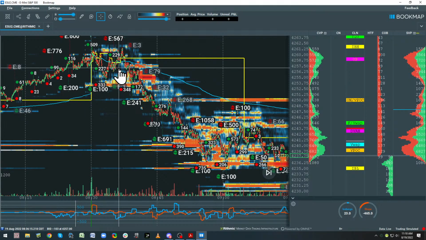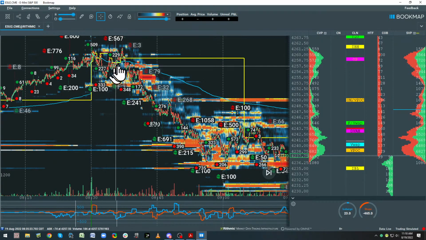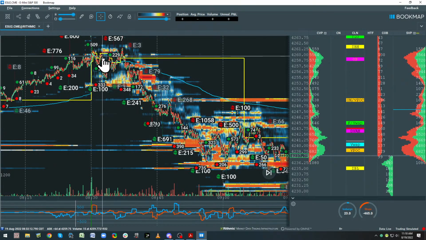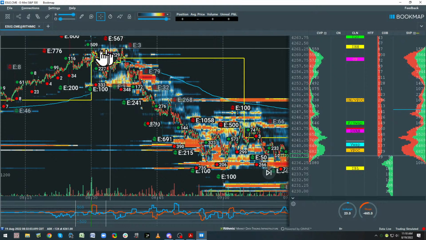Yeah, Billy Bob. So for me, I'm reading the auction. Remember, this is auction market theory, so it's too high, too low, too high, too low, too high, and then what?